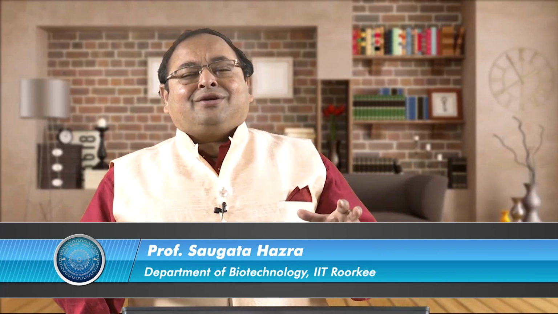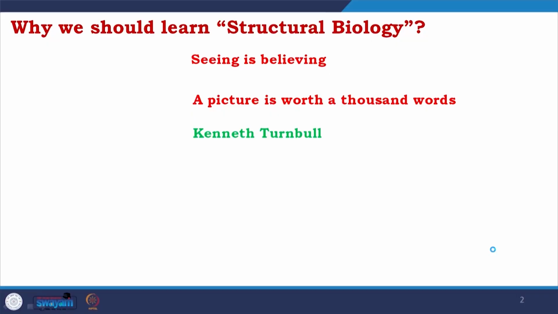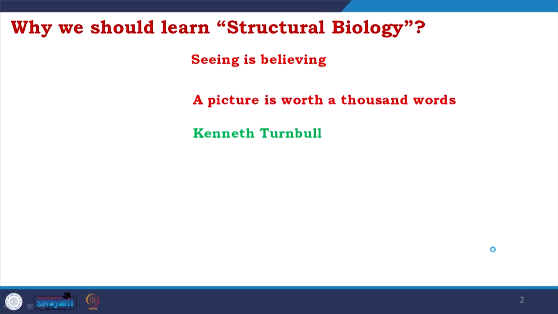To start visualization, very interestingly I will take you to the first slide which was used to start the course. Why we should learn structural biology, and one of the reasons I started with is seeing is believing. I also quoted Kenneth Turnbull, who said a picture is worth 1,000 words.